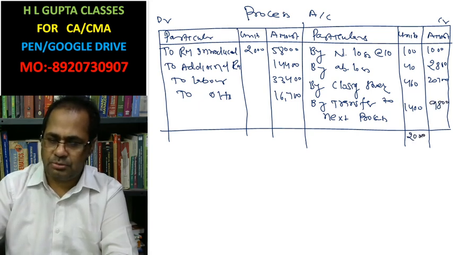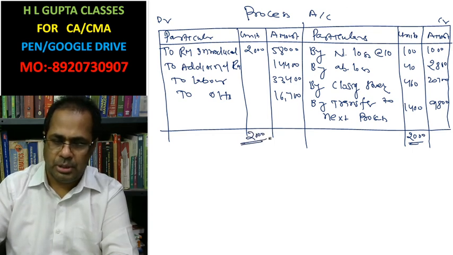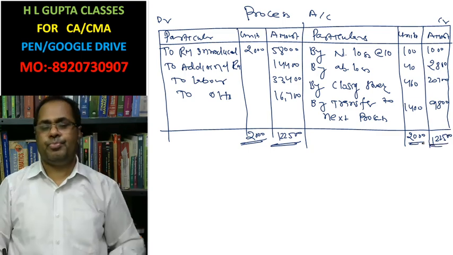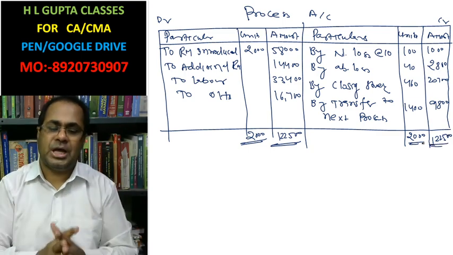This is 2000, this is also 2000 and its cost is 1,22,500. So in this way this question has been completed.